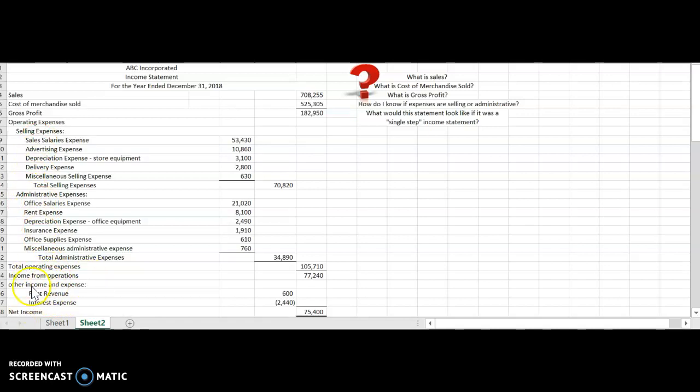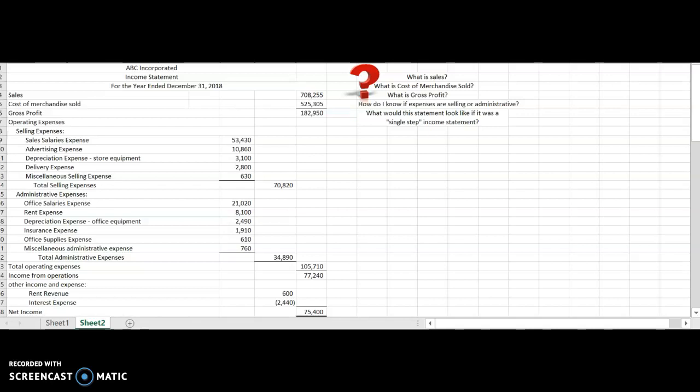So let's talk about how we can tell if it's a selling, administrative, or an other expense. Now, if you were the CEO or CFO of a company, you would know your expenses because they would be your own company expenses. You might think, hey, I use this to help sell my product, or I use this particular expense in my actual office.